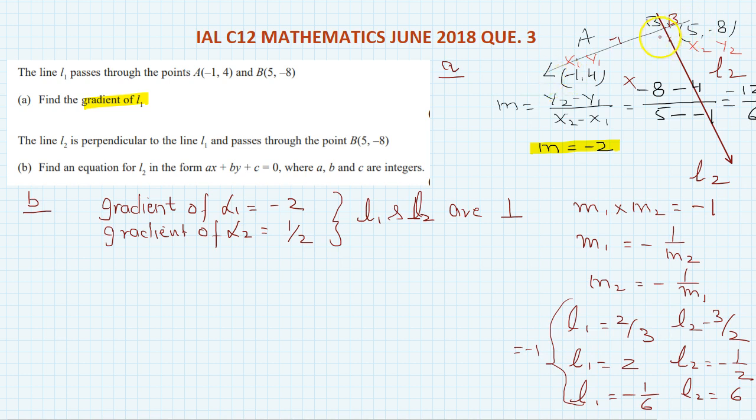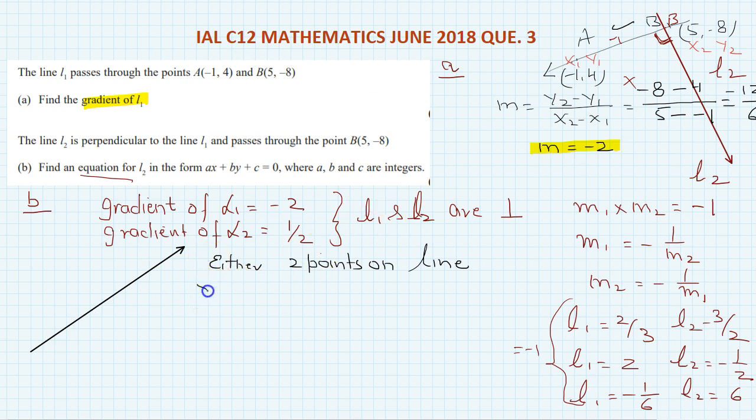Now these two lines are perpendicular, so the product of their gradients is -1. Why are we finding the gradient? Because to make the equation of a line, you need two things: either 2 points on the line, like this. There are 2 points given on the line, this and this, so you can write the equation without getting the gradient.